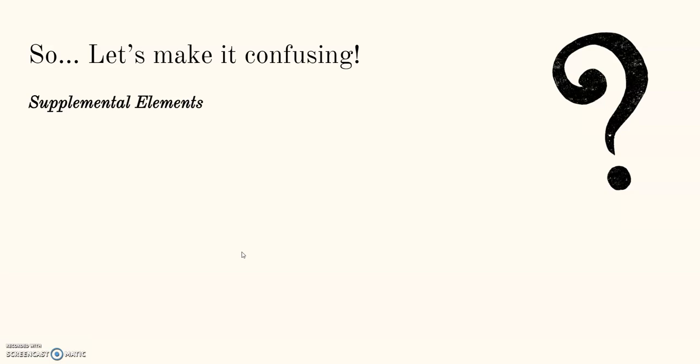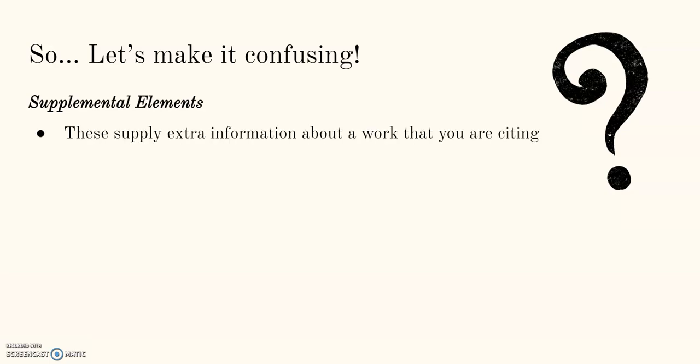So, not that that wasn't confusing on its own, there are such things as supplemental elements. They supply extra information about a specific aspect of your citation that would be required for someone to know in order to find that piece of work.